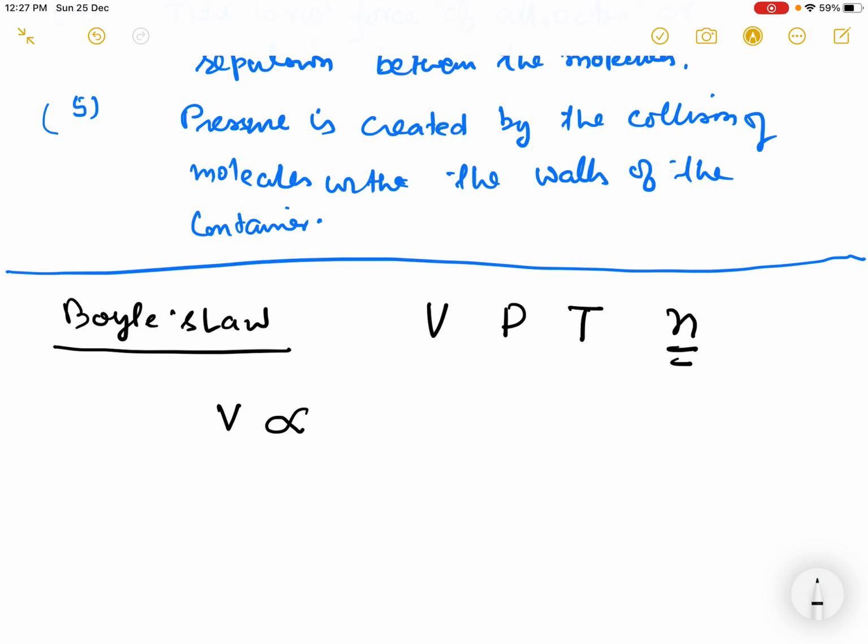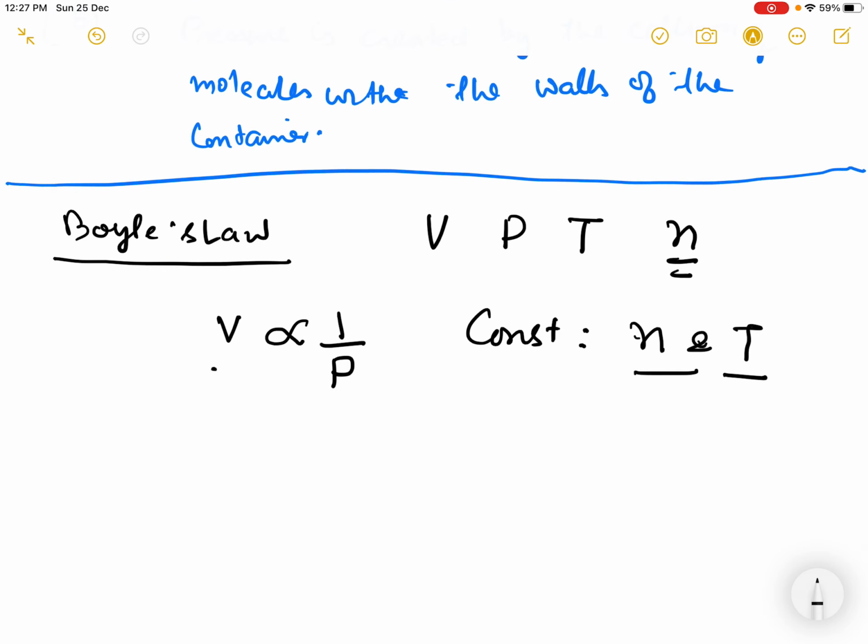Volume is inversely proportional to pressure. This is called Boyle's law. And number of moles and temperature is kept constant. Volume of a gas is inversely proportional to pressure.